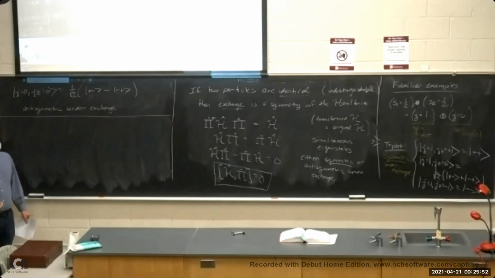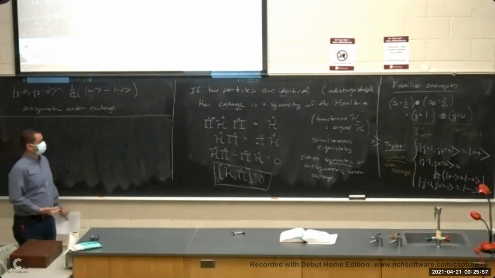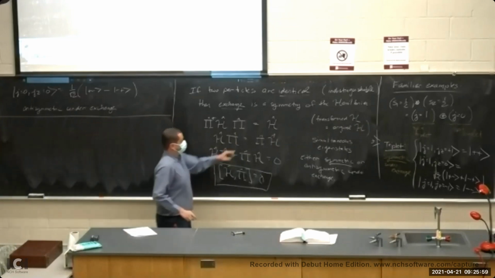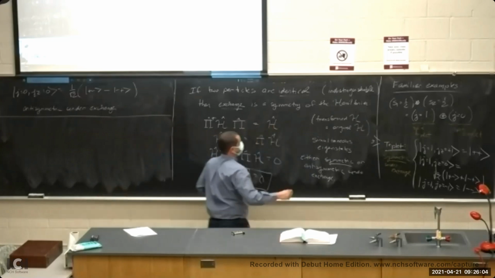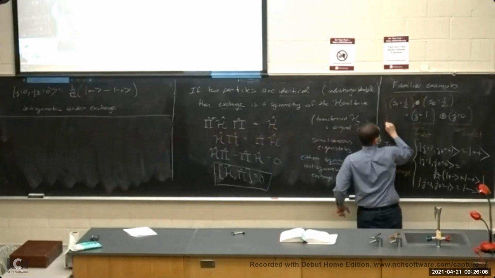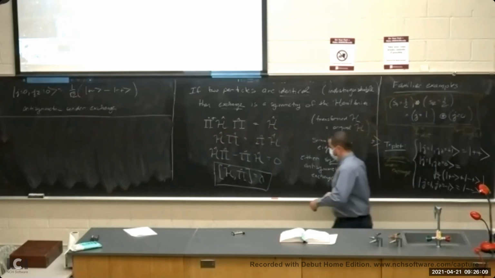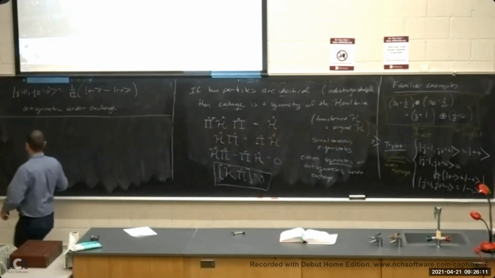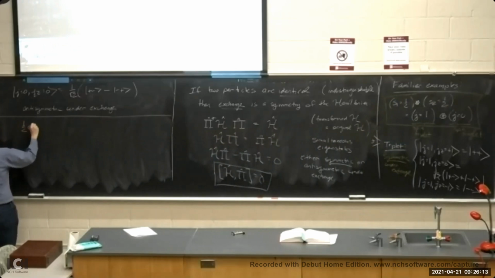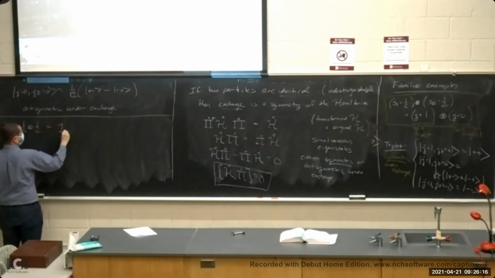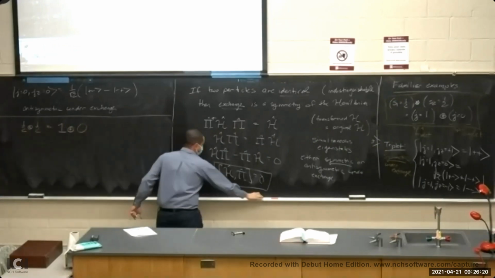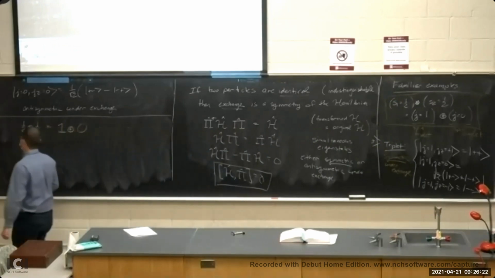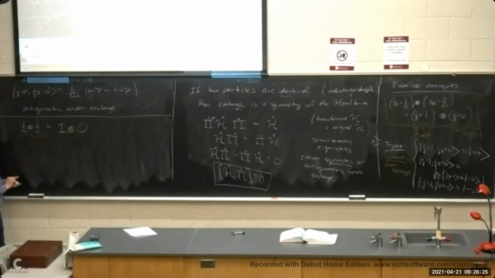Can you explain what the notation you're using in the top right there actually means? What this notation means, the direct product? Yes. So when I write 1/2 cross 1/2 equals 1 plus 0, this direct product means that I have a vector space made out of two totally independent subspaces.